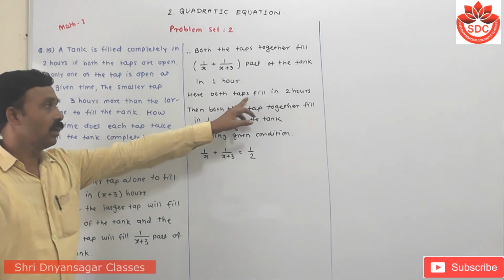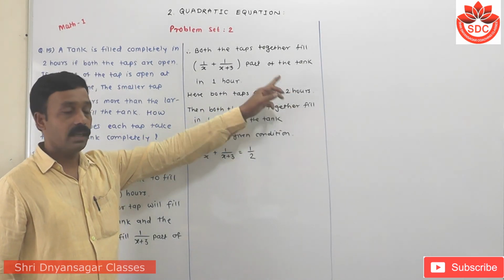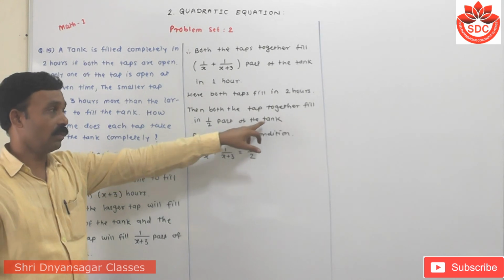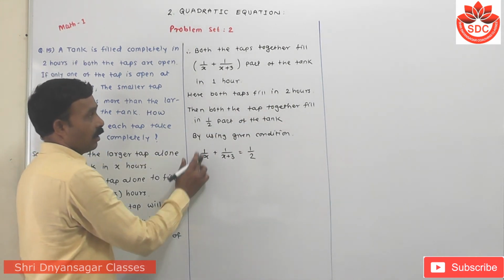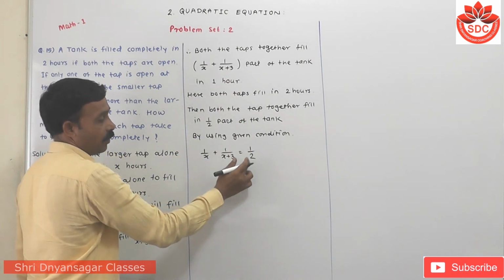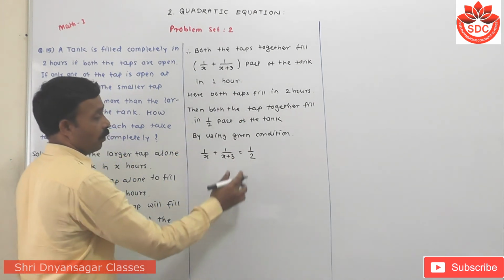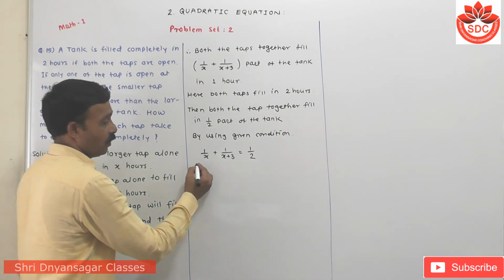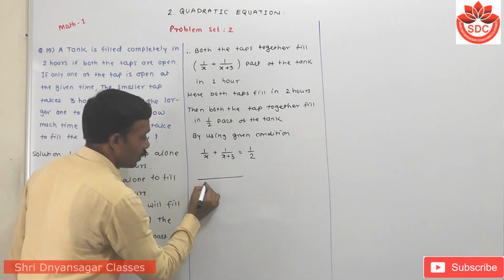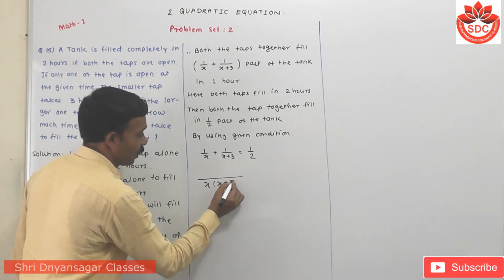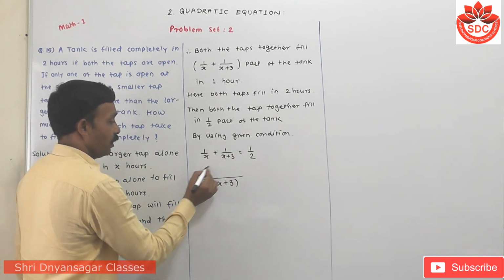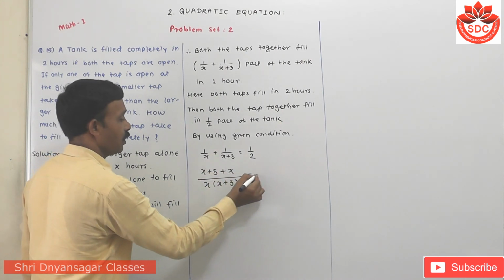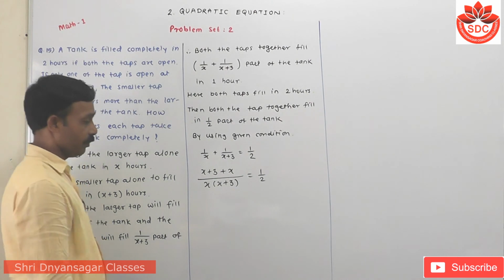Both taps fill in 2 hours, so 1 upon 2 part of the tank is filled in 1 hour. Take the LCM, which is x in bracket x plus 3. Then by cross multiplication, x plus 3 plus x is equal to 1 upon 2.